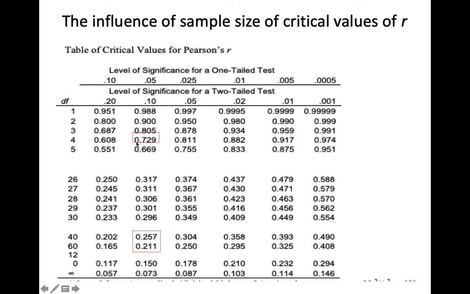So it's based on the same principle. Based on a small sample size, you need a much larger correlation to be able to conclude that that correlation is statistically significant, that is, unlikely to have been sampled from a population with a true correlation of 0. So in this case, we need a correlation that is bigger than 0.729.